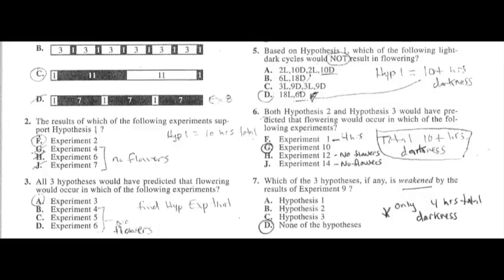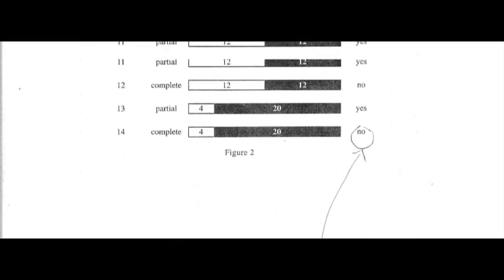Test 70A, science, practice problem number 5. Number 5 says, based on hypothesis 1, which of the following light-dark cycles would not result in flowering? First thing we need to do is scroll on up and take a look at hypothesis number 1 and see what they say.